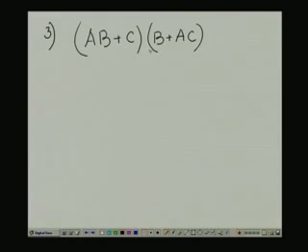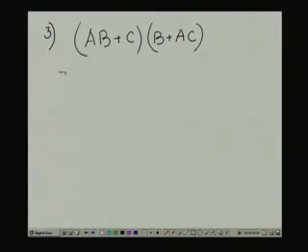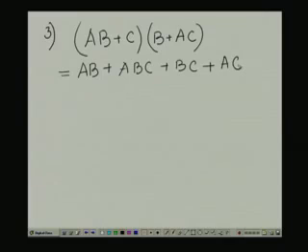Now, again here we have to apply the postulates and the theorems. First, if we apply the distributive law, then it becomes AB + ABC + BC + AC. Now, I will keep ABC as it is.